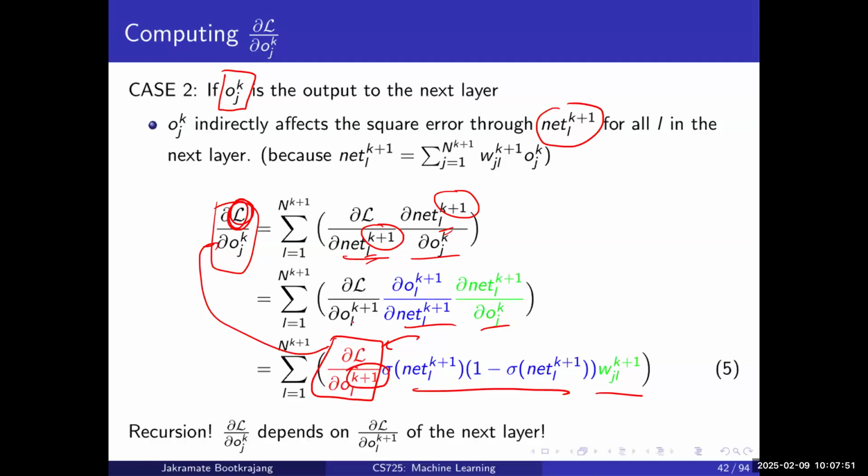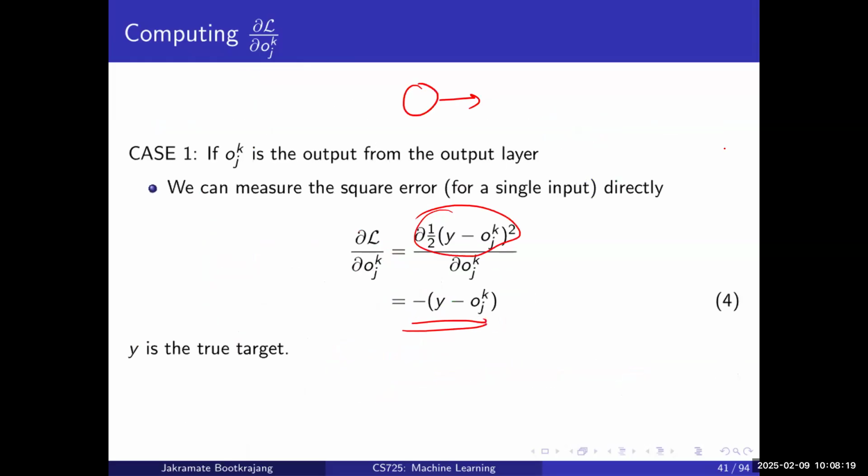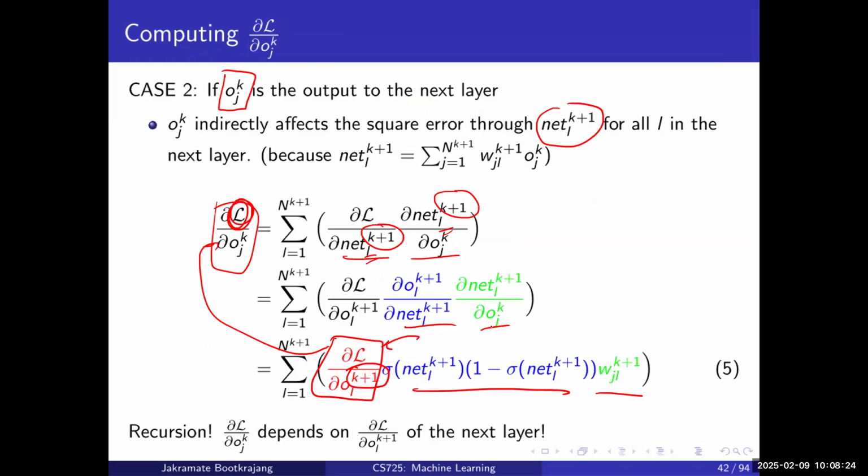So for this case too, you have to use recursion, right? So basically you compute from the back and then you start moving backward. Because to know the value at layer k, you have to know the derivative of the loss at layer k plus 1, right? So if you know the k plus 1 from the output layer, then you can just use that value, right? So it's the propagation from the last layer into the previous layer.